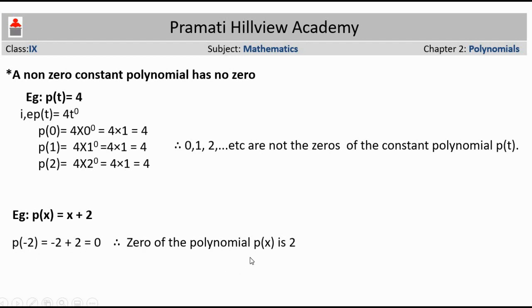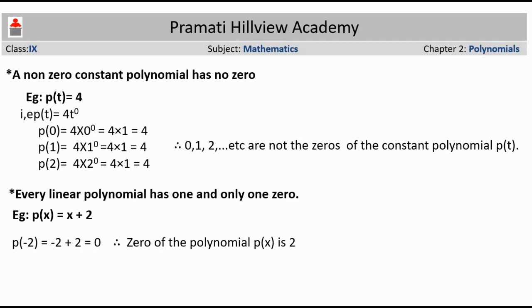Therefore, the zero of the polynomial p of x is minus 2. Only when x becomes minus 2 does the polynomial x plus 2 become 0. That is, every linear polynomial has one and only one zero.